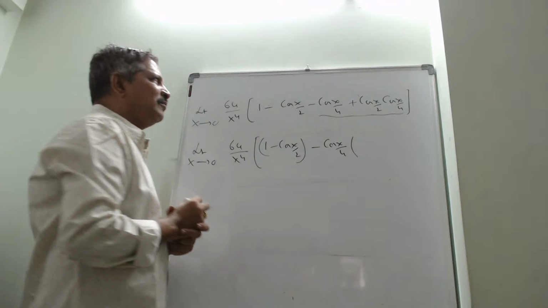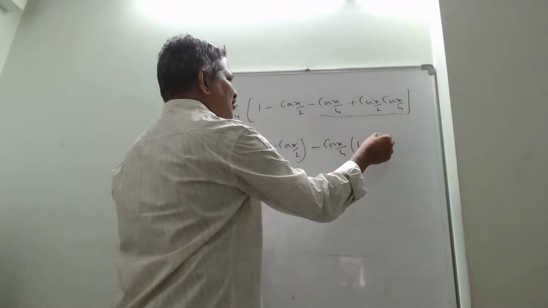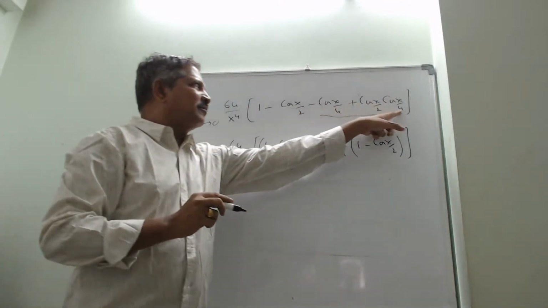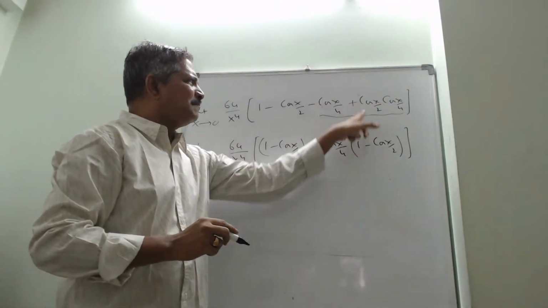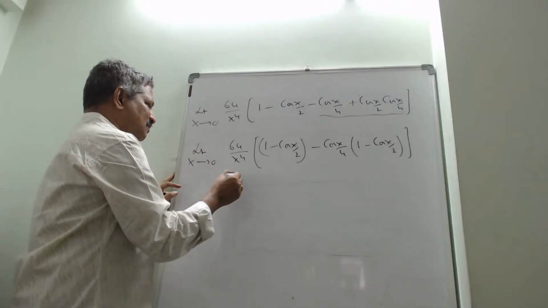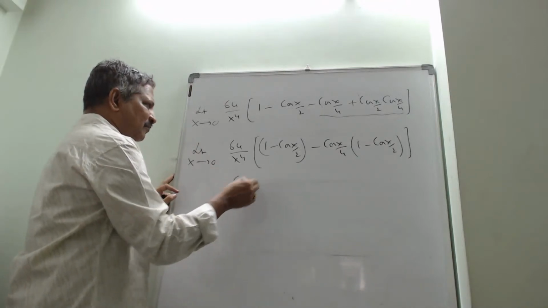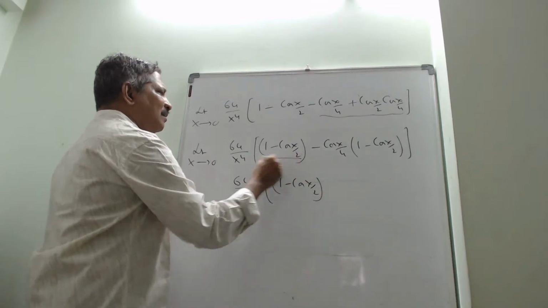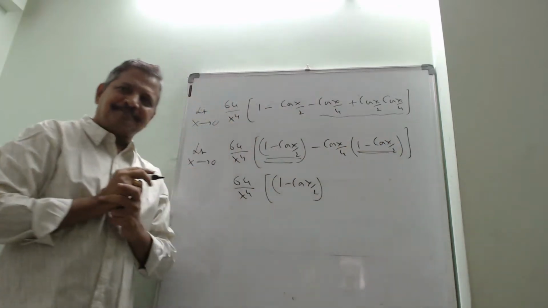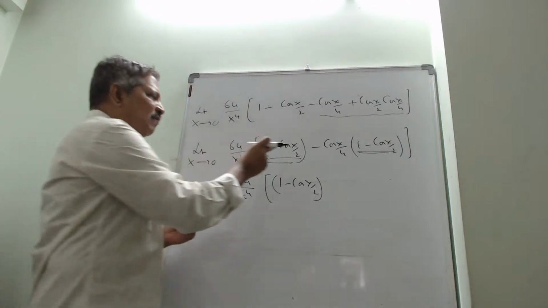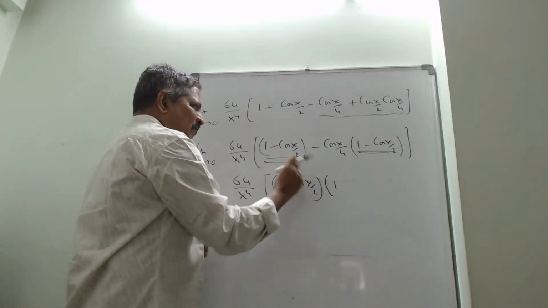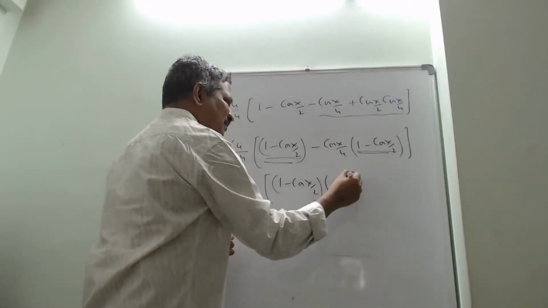When cos x by 4 is common, minus into minus gives plus. Next, 64 by x power 4, 1 minus cos x by 2. So taking 1 minus cos x by 2 common, we get 1, and here cos x by 4 is common.